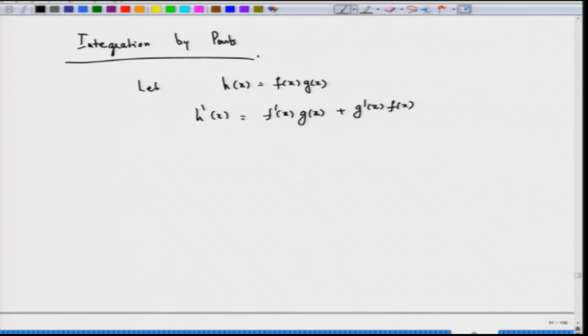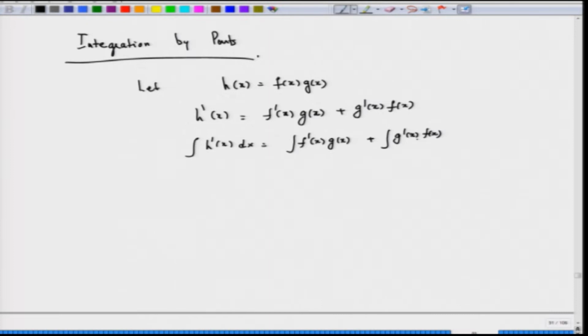Okay. So, therefore, if you take the integral on both the sides, integral of h prime of x dx is equal to integral of f prime of x g of x plus integral of g prime of x f of x.